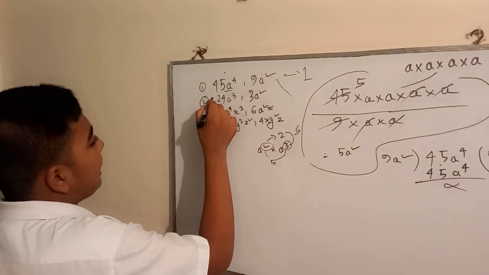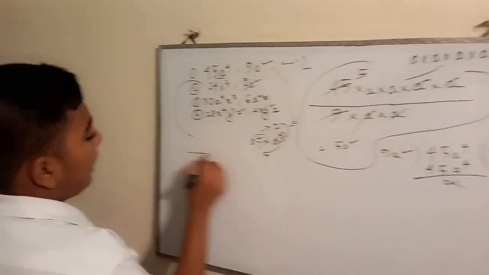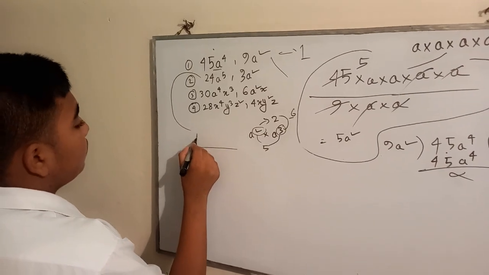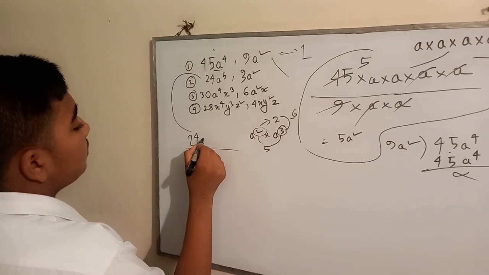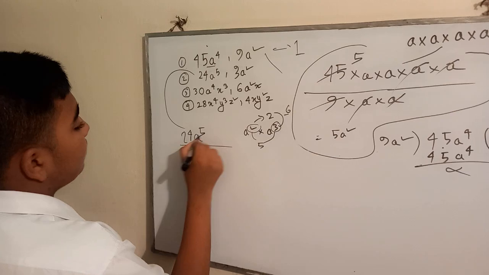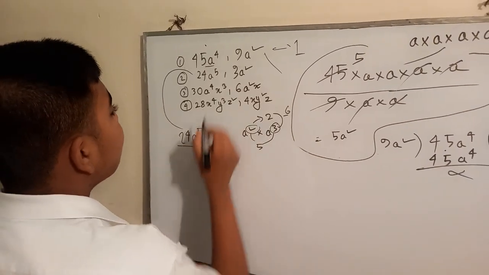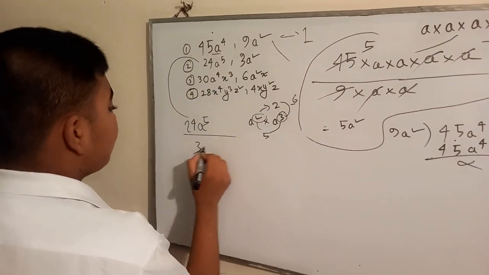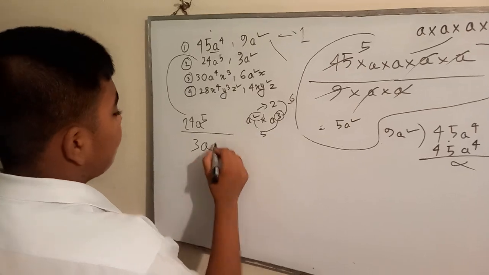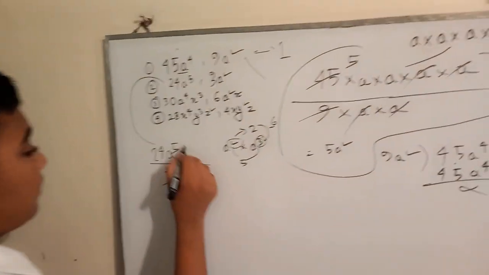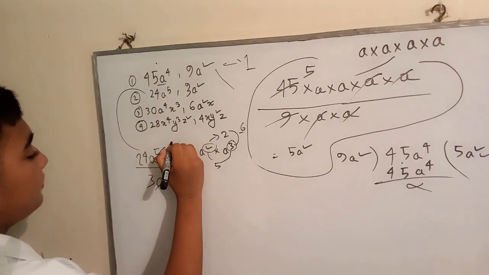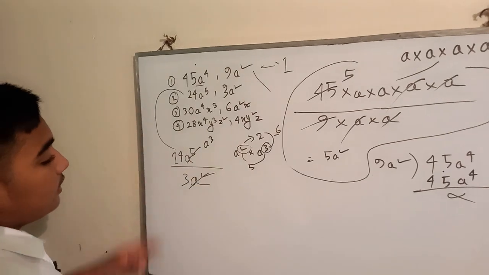So in the same way, take this like this, 24A5, and here 3A square, 3A cube.